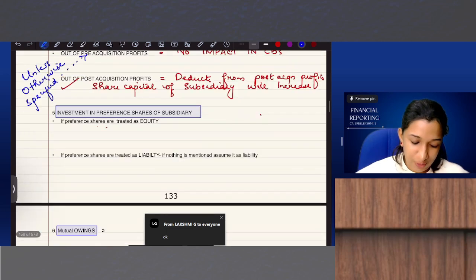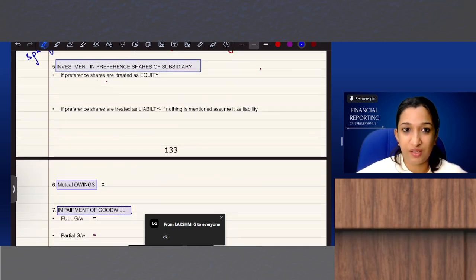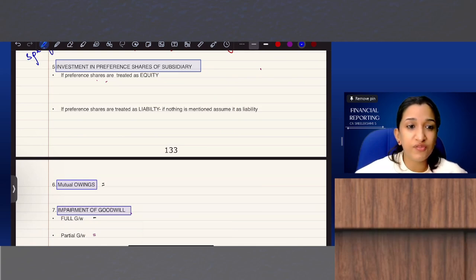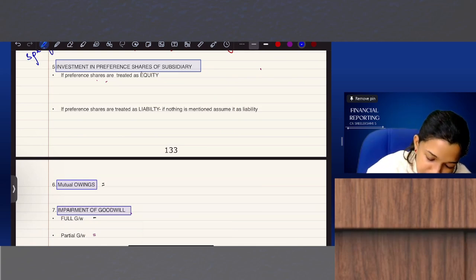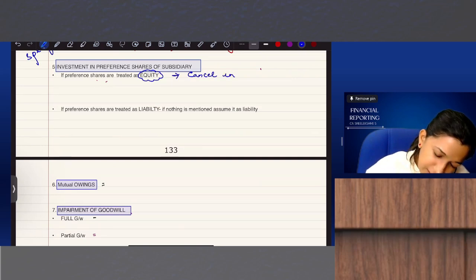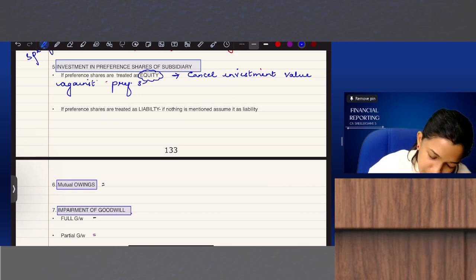Now, investments in preference shares of subsidiary. Holding companies having investments in preference shares of subsidiary: if preference shares are treated as equity, cancel the investment value against the preference share capital.